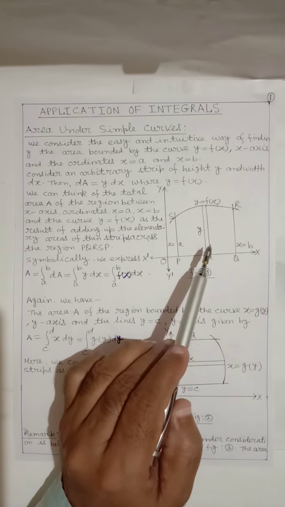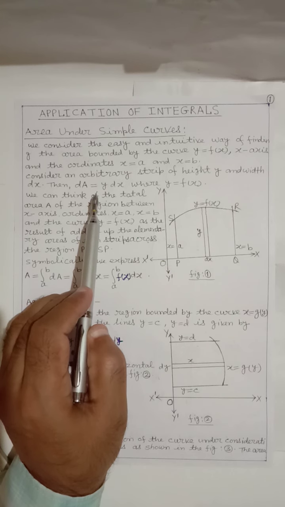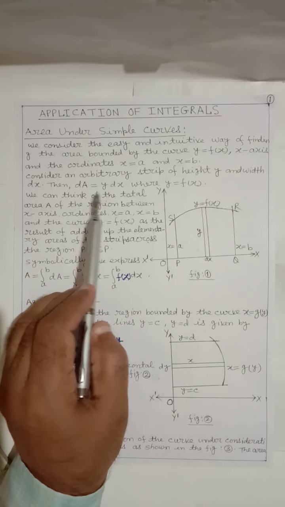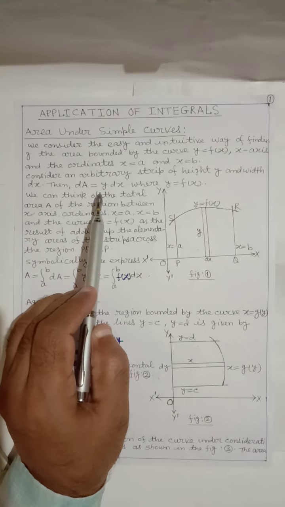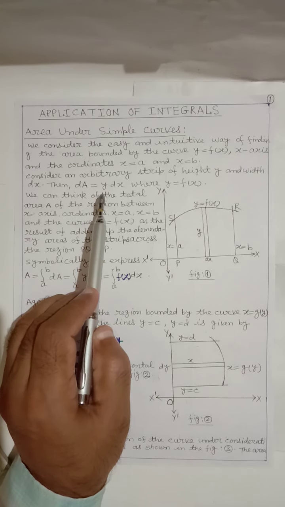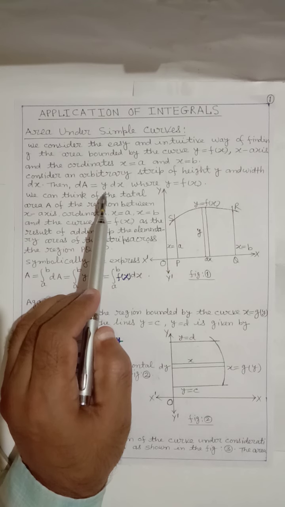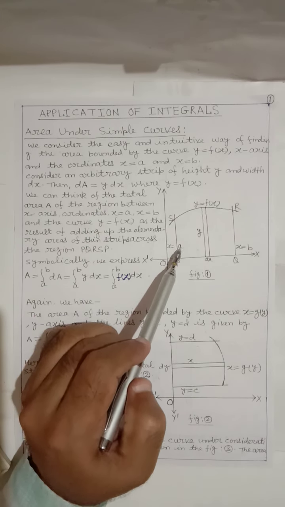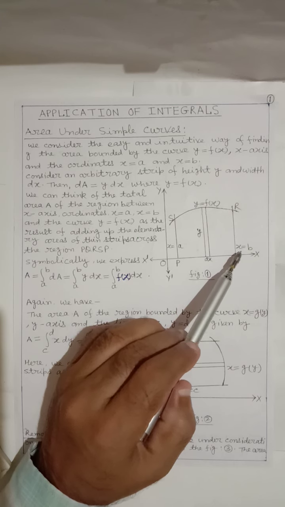Here this area is called the elementary area, which is located at an arbitrary position within the region which is specified by some value of x between a and b.